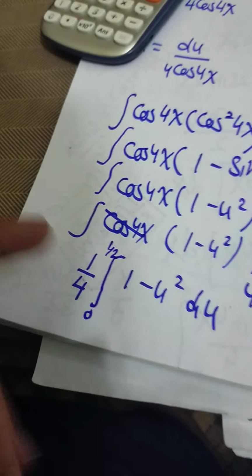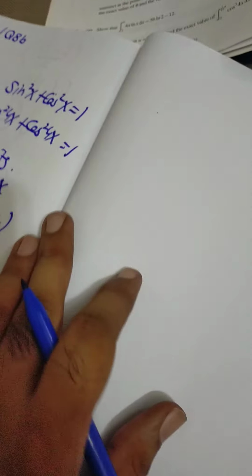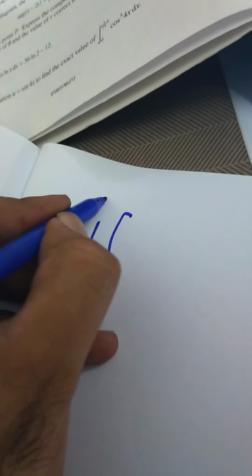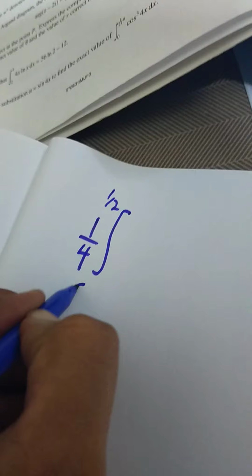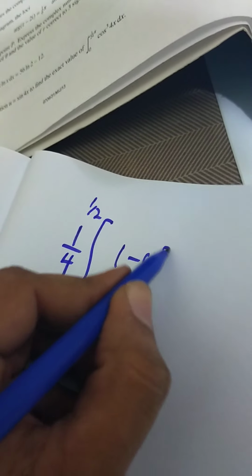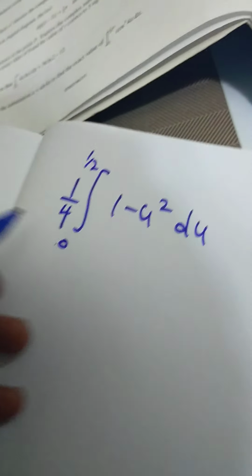Now all you need to do is integrate this thing. 1 over 4 is a constant which is shown outside of the integral, and 1 over 2 to 0 is the limit, and 1 minus u squared with respect to u.